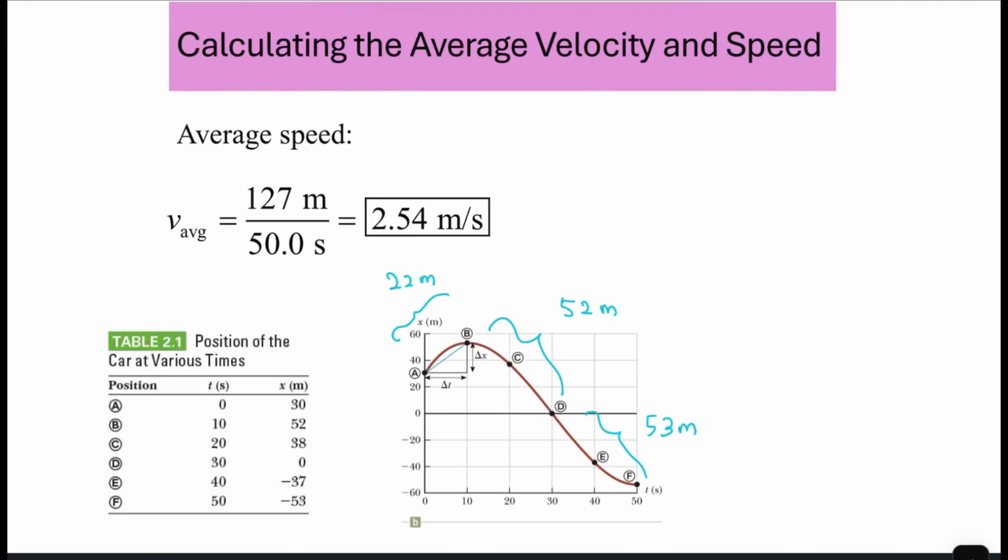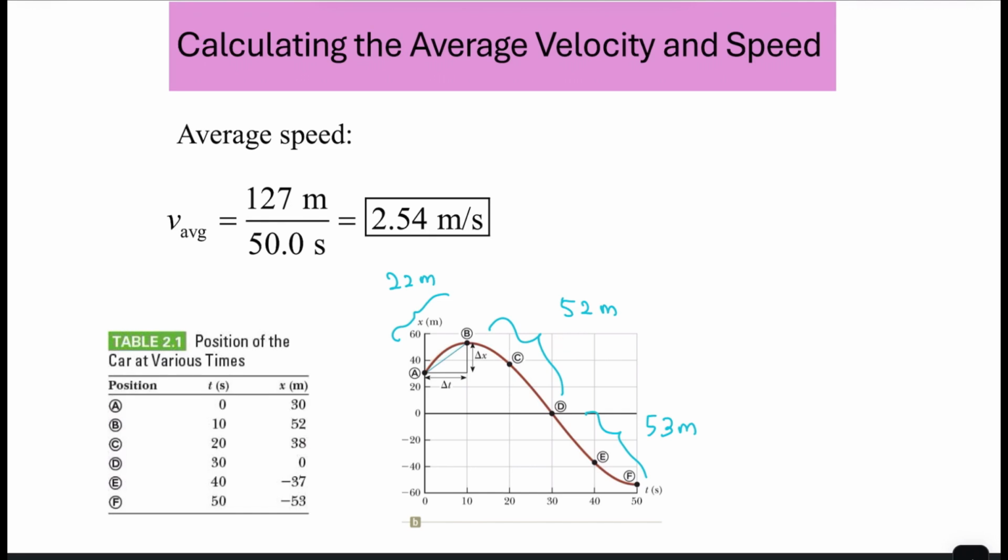However, when we deal with the average speed, the delta x is not the displacement. The delta x must be the distance traveled by the car. When we want to determine the distance traveled, we are not concerned whether the car is moving to the right or to the left. We are only concerned about the total distance traveled. From point A to point B, the car has traveled 22 meters. From point B to point D, the car has traveled 52 meters.